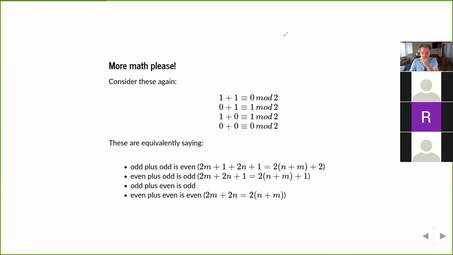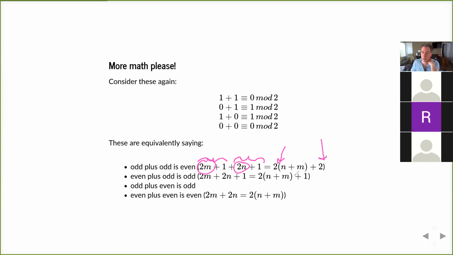Okay, and then there's a proof. Maybe it's good to go through this. This is how you would formally prove that this is true. So here is some odd number. Here's another odd number. What happens if you add these two things together? You can regroup these so that these two ones go over here to become a 2. And from these other parts, you can factor out the 2 they have in common.